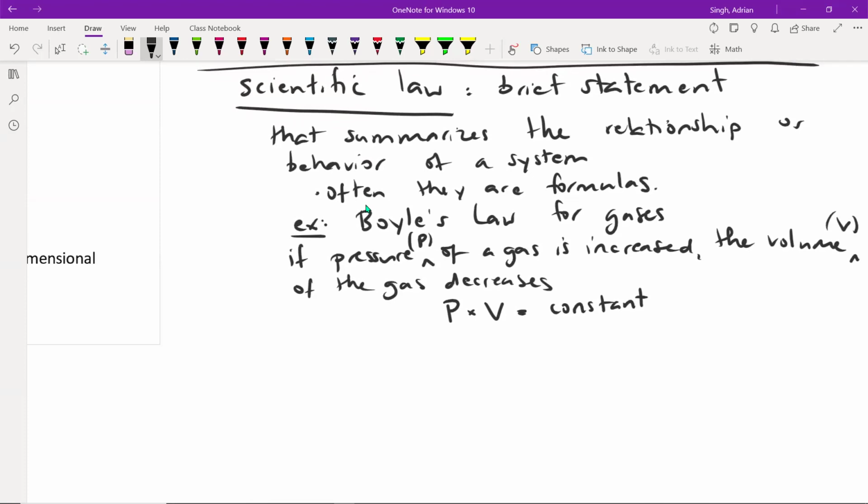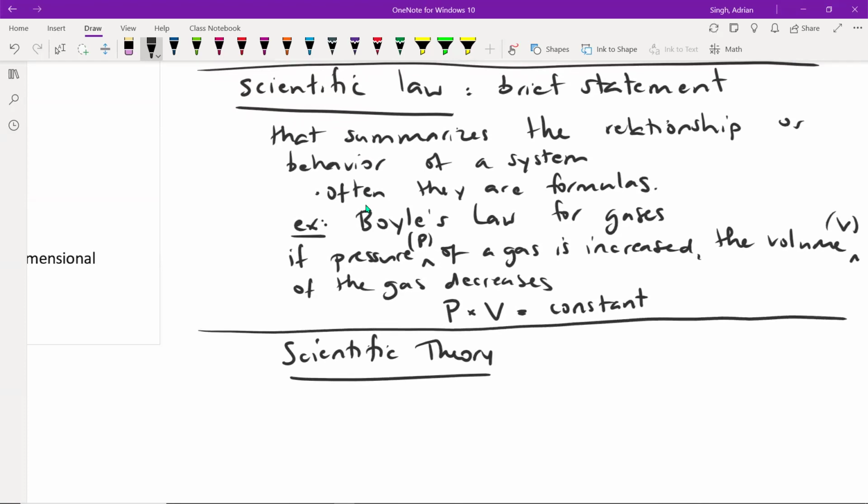The other term to know here is scientific theory. And often laypeople, people outside of science, generally use the term theory, and they throw the word theory around sort of willy-nilly.